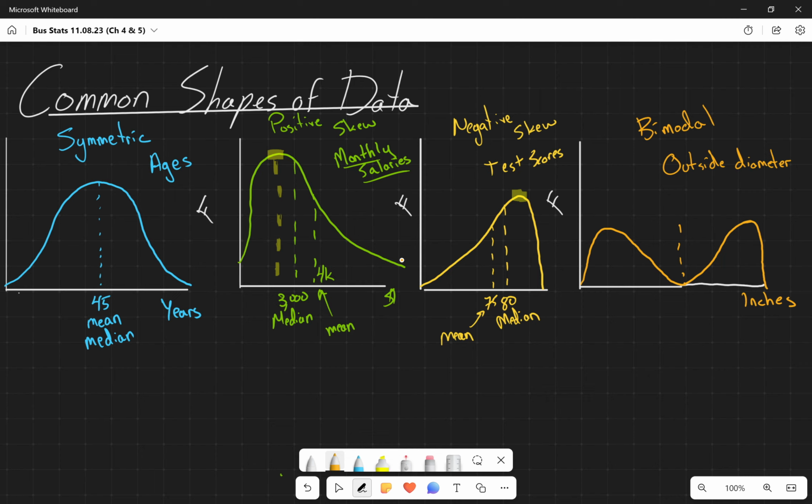So when we look at the mean of a bimodal distribution, it's not going to give us the same richness of information as when we are given a mean or a median in a positive, negative, or symmetrical skew. So 2 or more peaks is the main thing with bimodal.